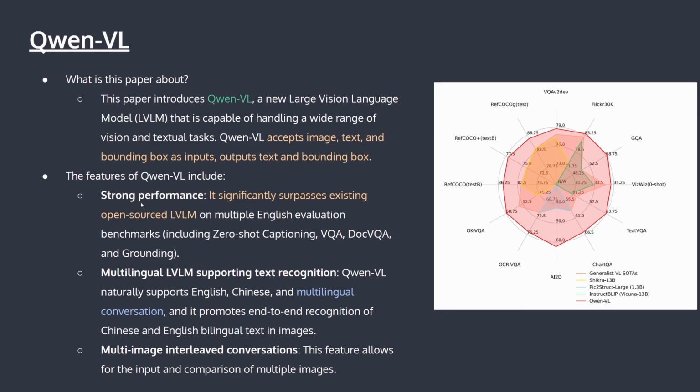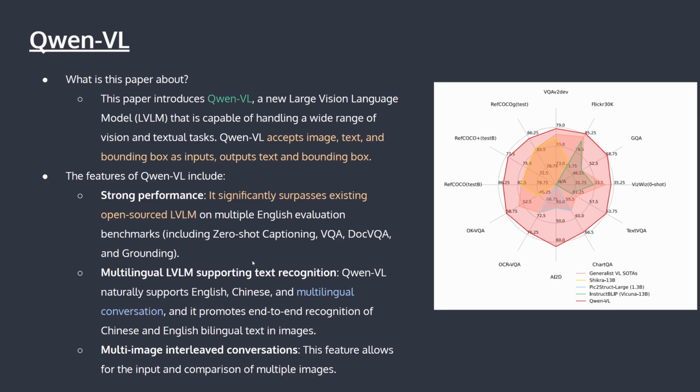Well, first, strong performance, like we mentioned. It significantly surpasses existing open source large vision language models on multiple English evaluation benchmarks, like zero-shot captioning, VQA, DocVQA, and grounding. So VQA stands for visual question answering, if you're not familiar with the abbreviation.